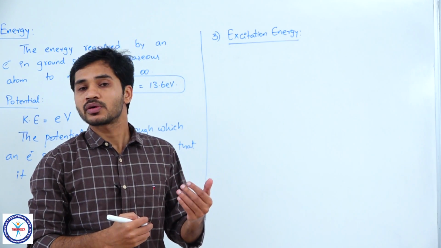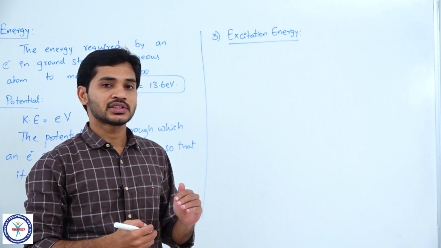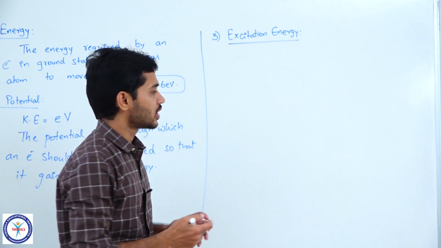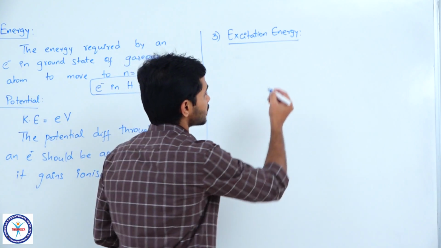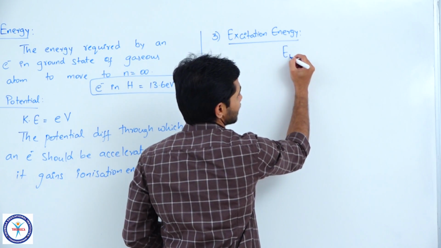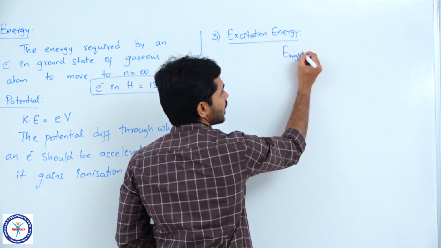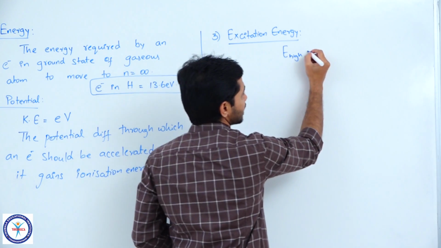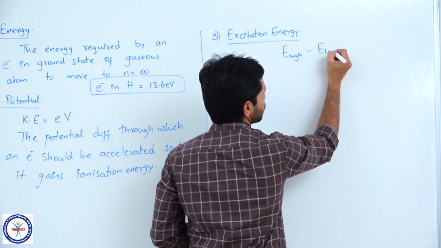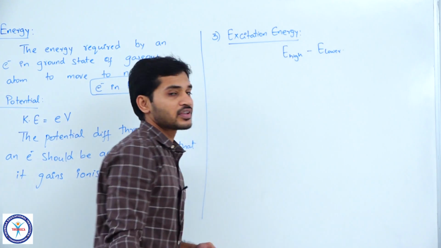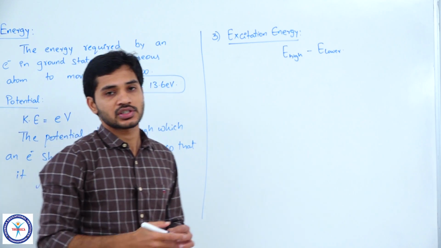It is the energy required to take an electron from a lower energy state to a higher energy state. A simplified expression is: energy of the higher state minus energy of the lower state. That difference in energy is what we call excitation energy.